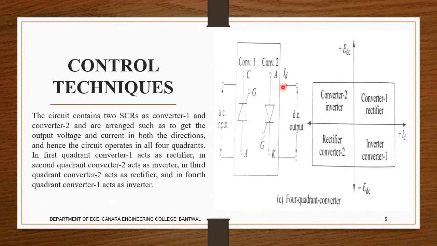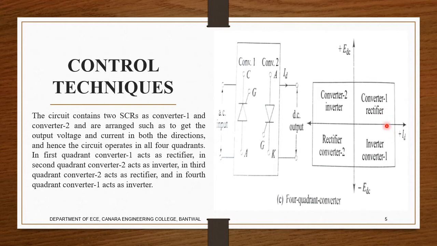Next, if the arrangement is like this, with one in this direction and another in the opposite direction, we can have a four quadrant converter application. The current can vary from minus ID to plus ID, and the voltage will vary from minus EDC to plus EDC.